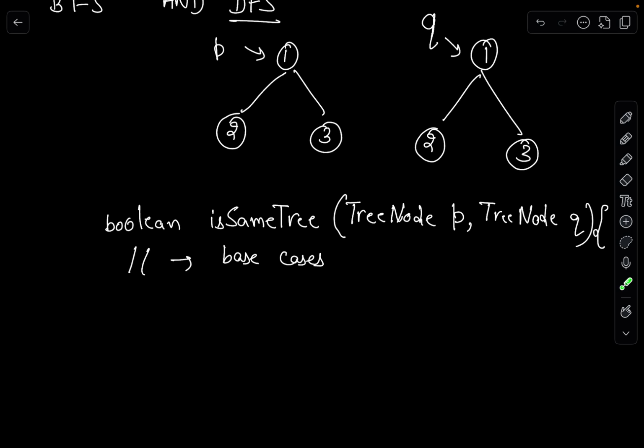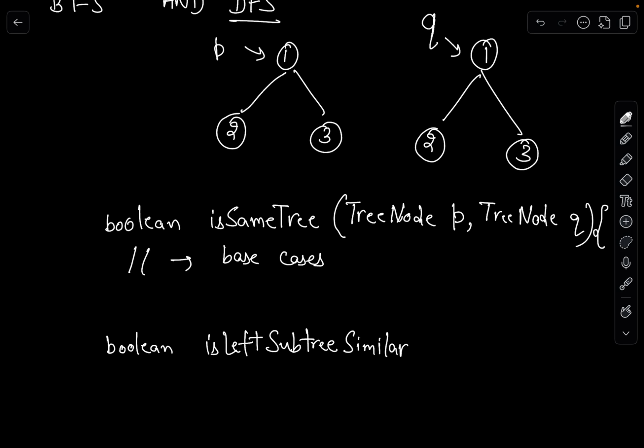So let's say somehow I have the answer for my left part. Here I'll have one boolean, which is left subtree similar.